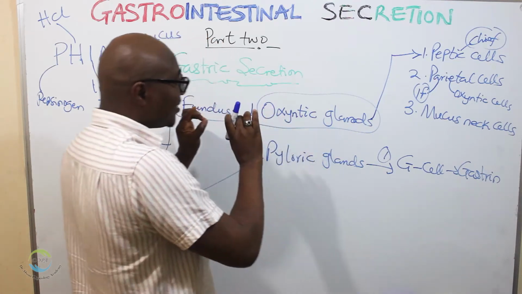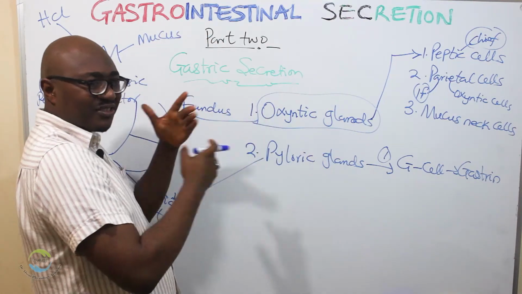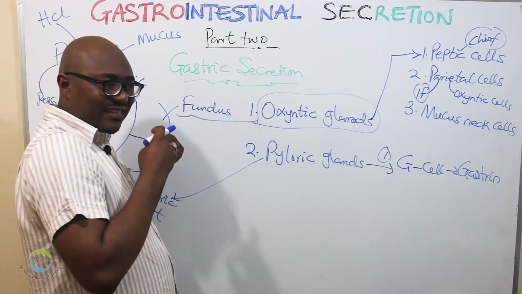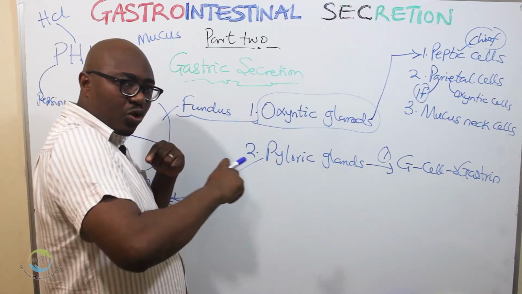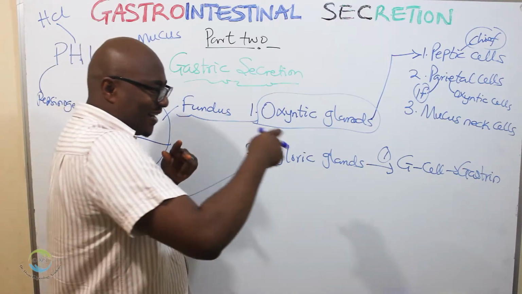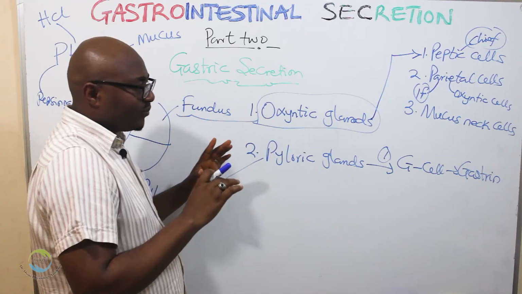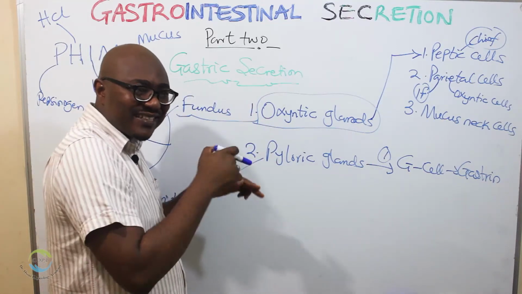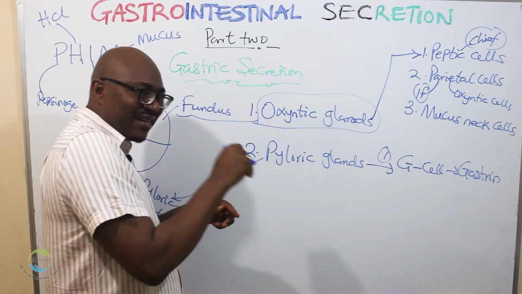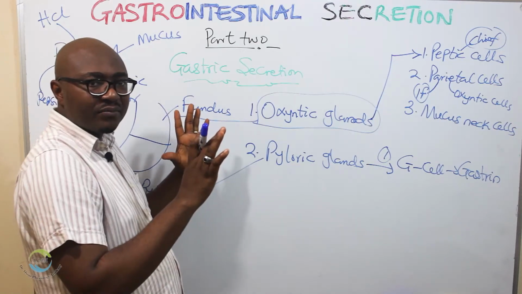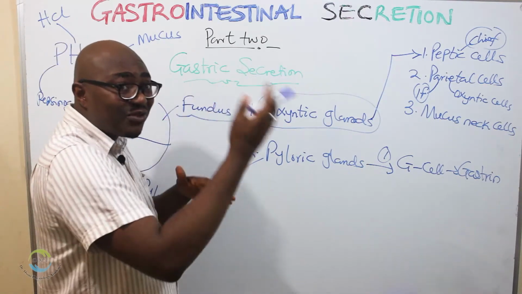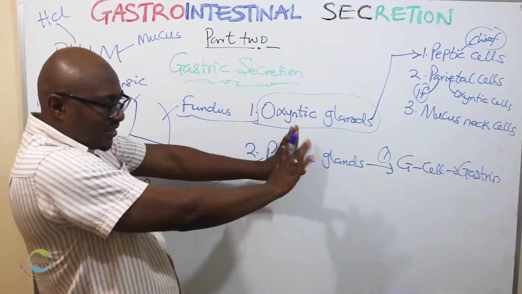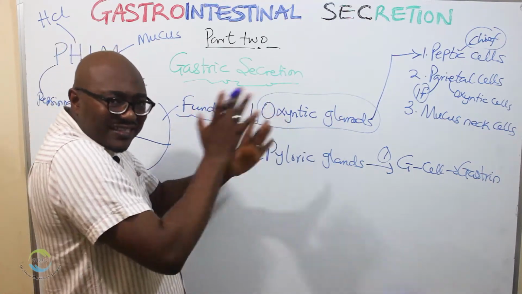When we're talking about all these gastric secretions, GI secretions generally, they are secretions that are secreted into ducts and they enter the lumen. But gastrin is a hormone in the sense that it is not secreted into ducts to enter the lumen to do anything. It is secreted into the blood. Hormones are secreted into the blood. So it is not part of the digestive function.